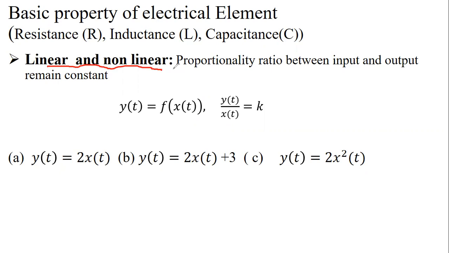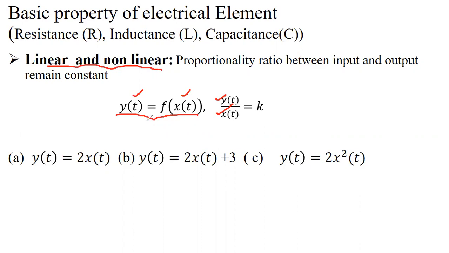But if an input-output relation is governed by, suppose, y(t) equal to a function of x(t), where x(t) is the input and y(t) is the output, and the proportionality ratio between these two quantities remains constant, then we say that the element is linear, otherwise a non-linear element.